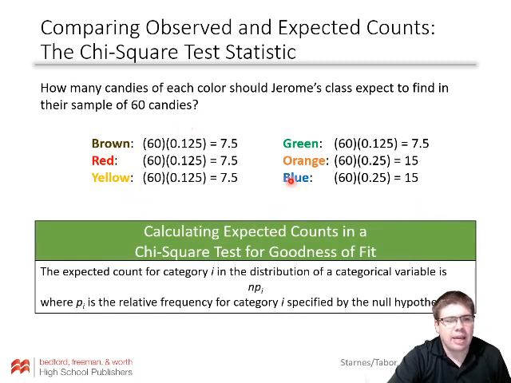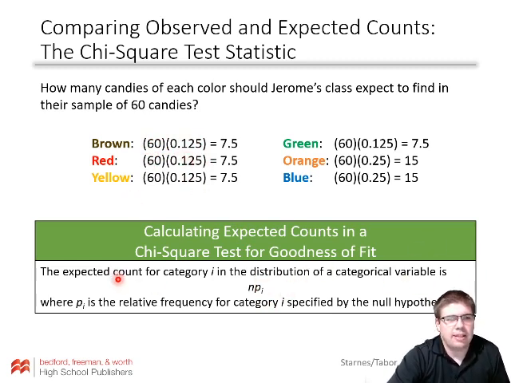So calculating expected counts in a Chi-Square test for goodness of fit: the expected count for category i, like the first category or the second category, you can do this a bunch of times. This would be N times P1, N times P2, and so on for each proportion.